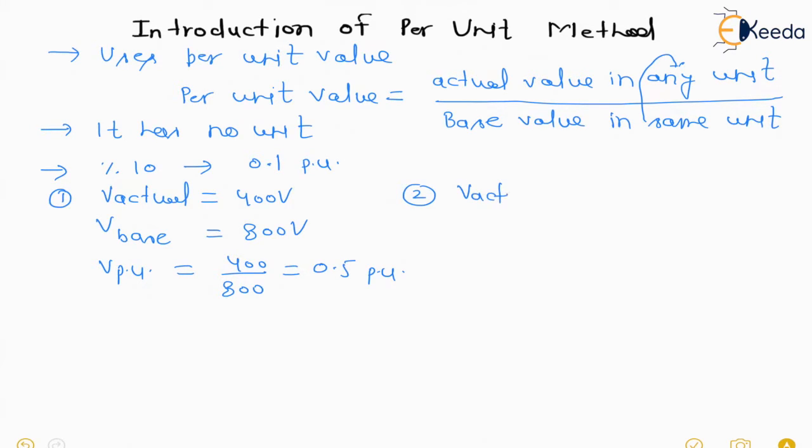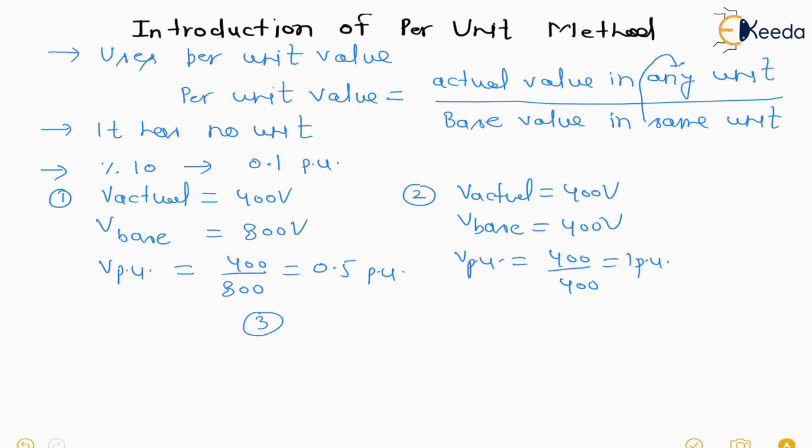Second case, let us assume V actual is equal to 400 volt and V base is equal to 400 volt. So V per unit will be 400 upon 400, that is equal to 1 pu.